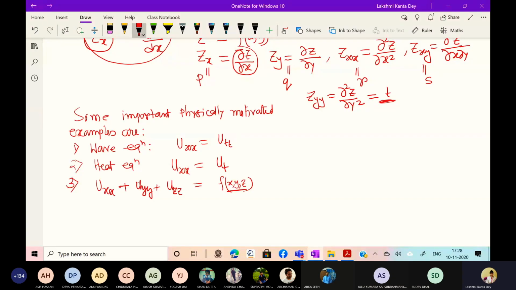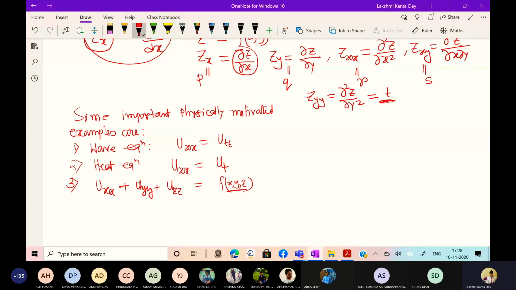So we have to be a little bit cautious in using the notations, because in different contexts we are referring to different things. Sometimes x, y, z are independent variables, and most of the time z is dependent and x and y are independent. And sometimes instead of z we consider u as the dependent variable.